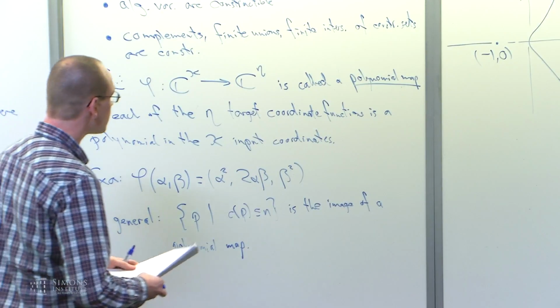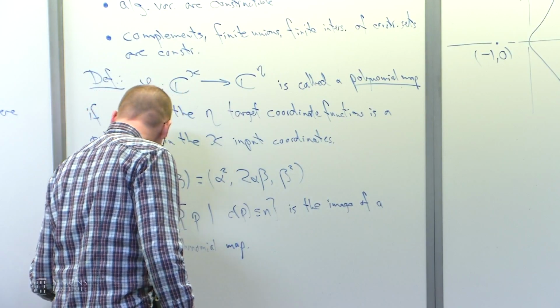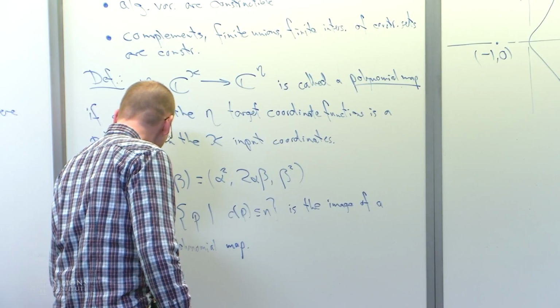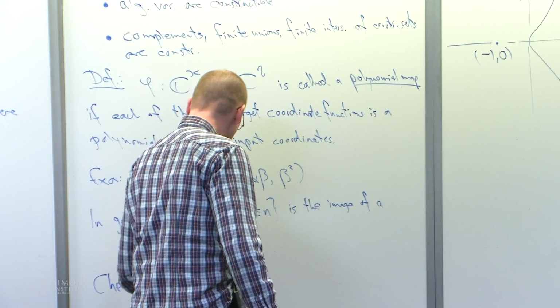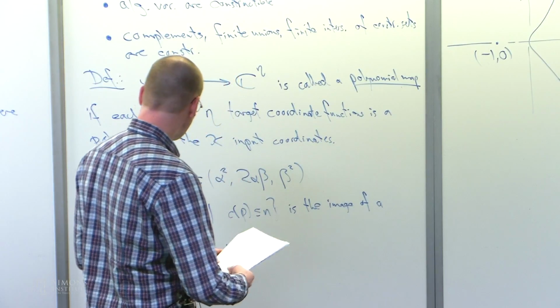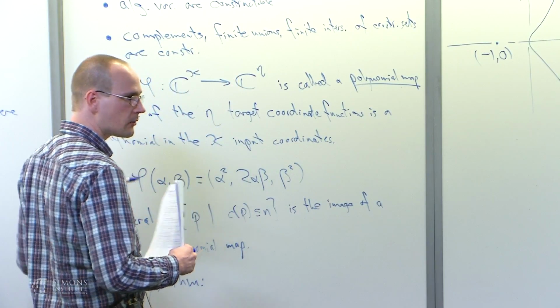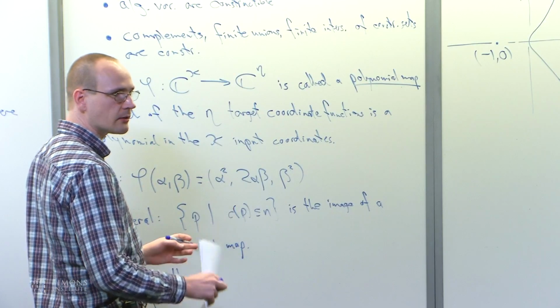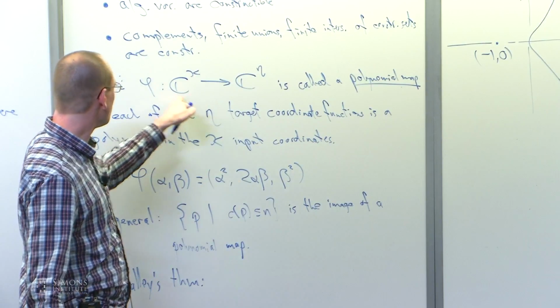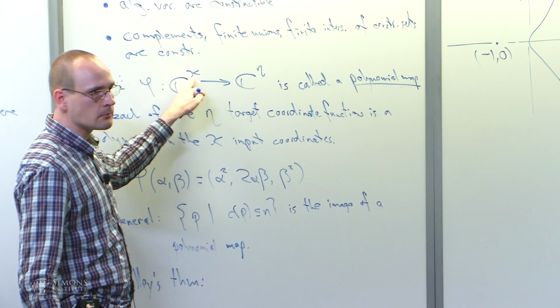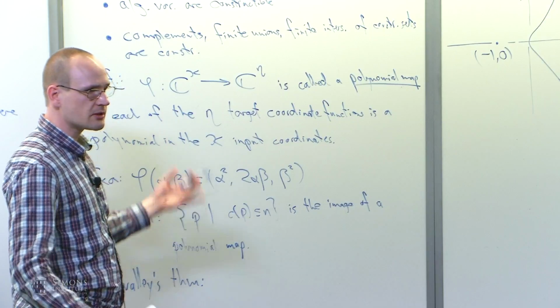And so the theorem is called Chevalley's theorem. It says that the image of a constructible set under a polynomial map is constructible again. You start with the whole C to the kappa, so that's obviously constructible, it's just the whole space.